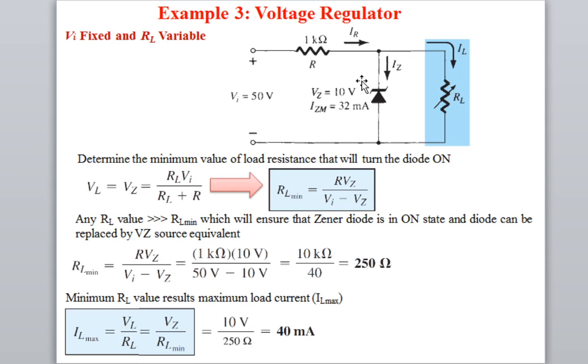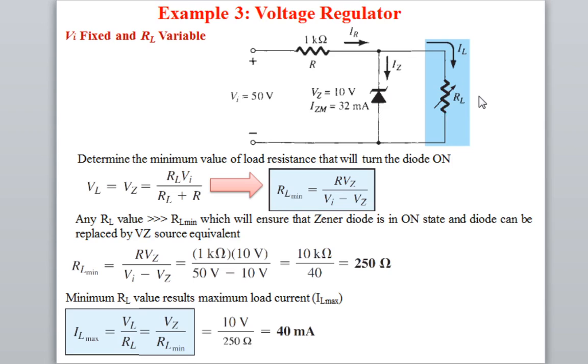It means when the input voltage across the diode is greater than the breakdown voltage, then your diode will be in conducting stage. If this condition is satisfied, then the voltage across the Zener will be 10 volt, so the voltage across the load resistance will be 10 volt.